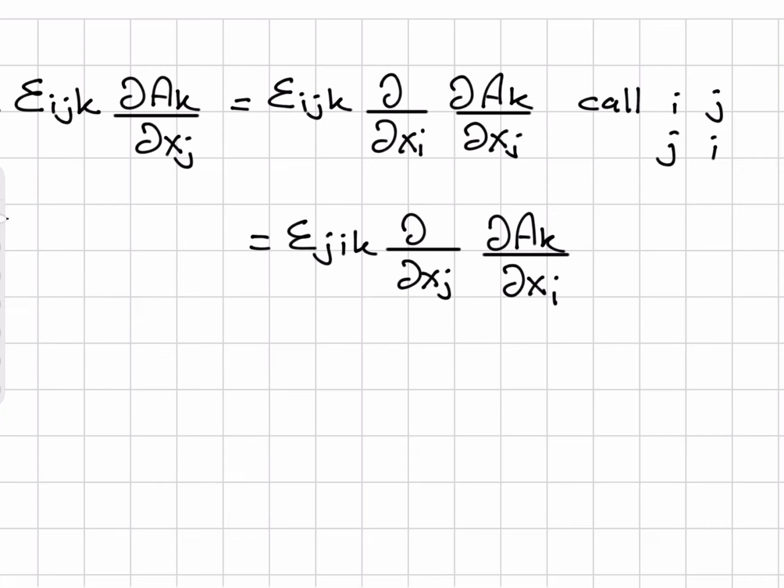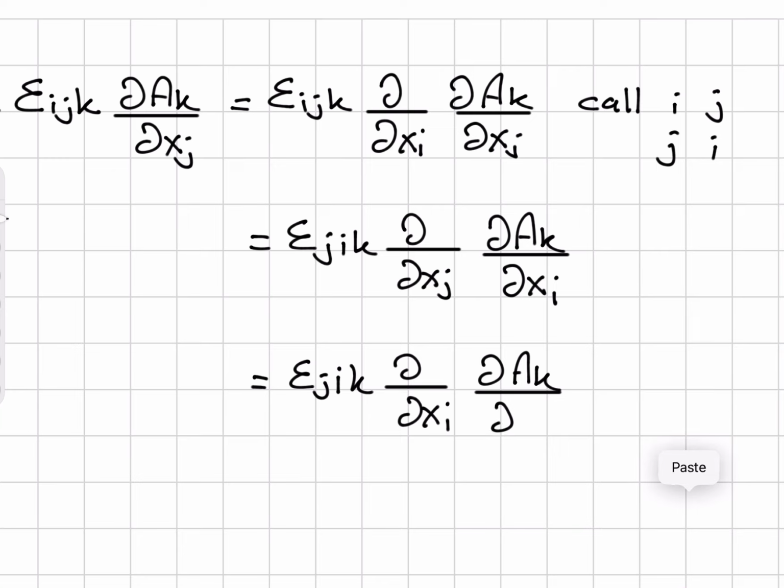All right. And the order of the derivative doesn't matter. So this is epsilon jik del xi del ak del xj.